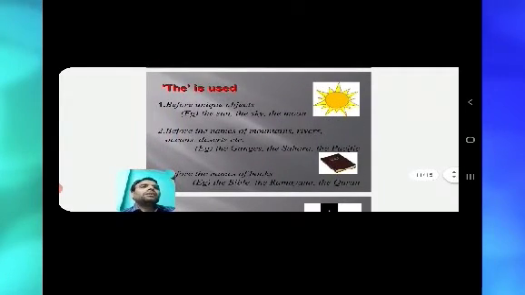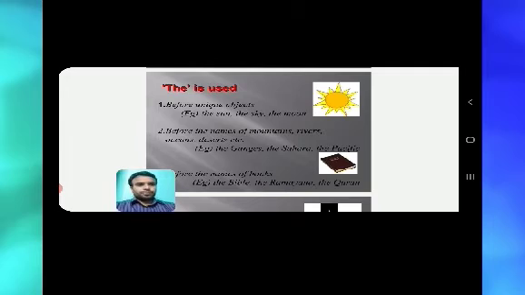Here, let us see how to use the. The is used before a unique object. A unique object means there is no other such object in the entire world.